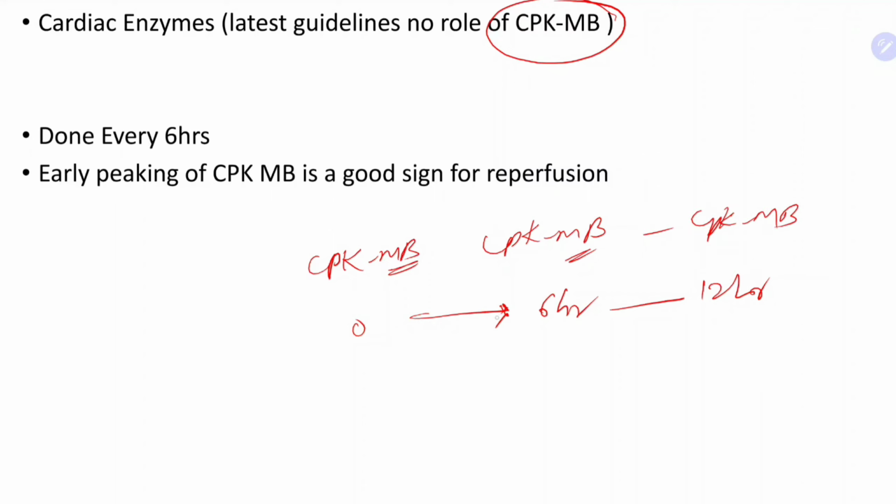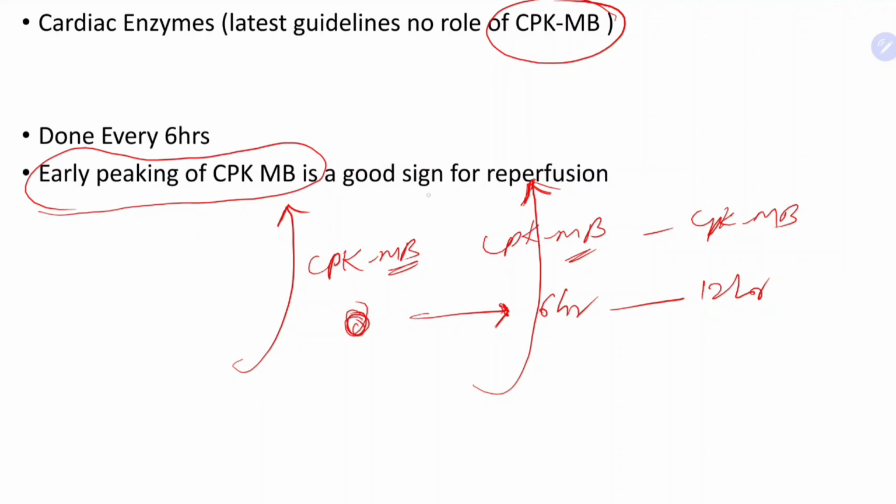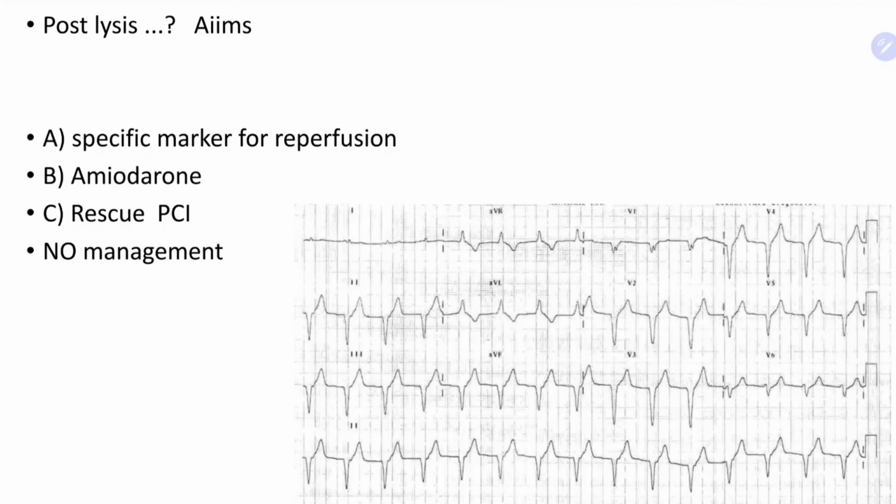In acute MI, after 6 hours your CPK-MB level will shoot up. But if you have done a successful thrombolysis, the reperfusion will indicate a rise in CPK level as early as possible. Early peaking of CPK-MB is a good sign of reperfusion. And remember, as per the latest guidelines, we are not using these enzyme levels.